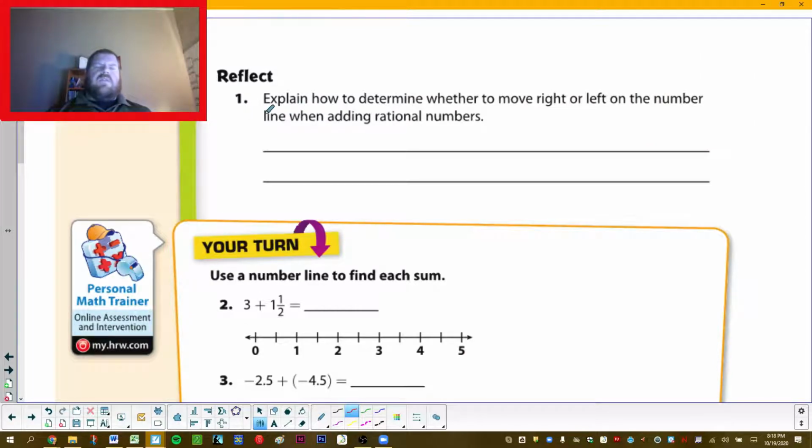Now I want to explain how to determine whether to move left or right on the number line when adding rational numbers. It's just the same as when we added integers.